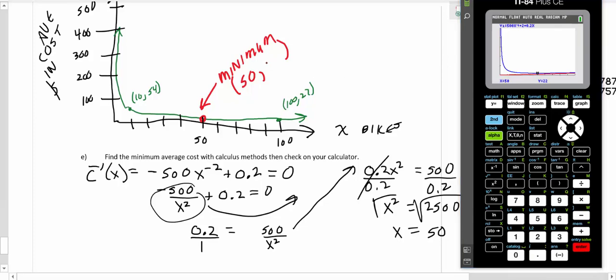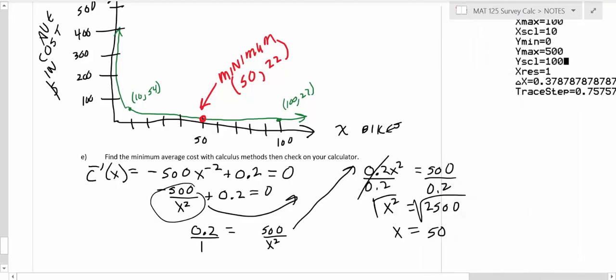So that's 50 and 22. You know it's a minimum because you can tell by looking at your calculator. The place where the derivative is 0 is going to be where that minimum is. Okay, that's how you do it. Once you get that first derivative, set it to 0, and that's how you'll get that put together. Okay, does that make sense?